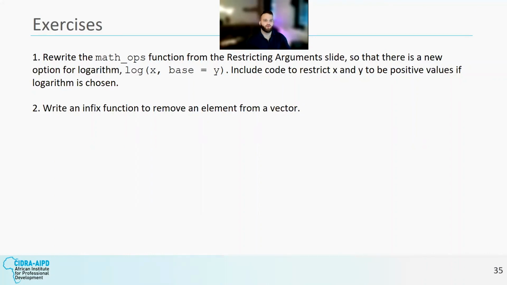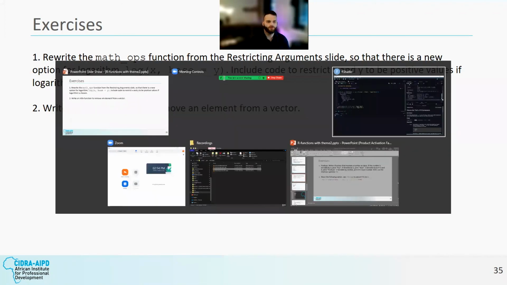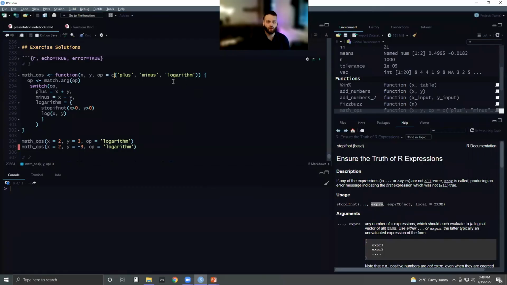Okay, let's take a look at the solutions to the exercises. For number one, we are rewriting the math ops function to allow for logarithm, and we're also including code to restrict X and Y to be positive values when we choose logarithm. So let's take a look. Now I've combined a few concepts that we've gone over.